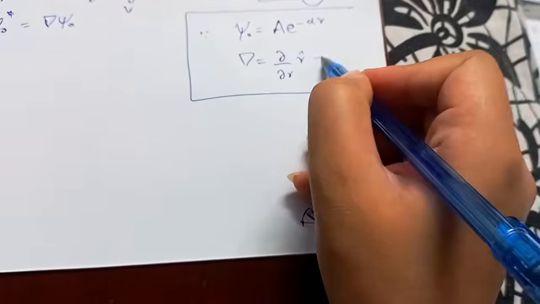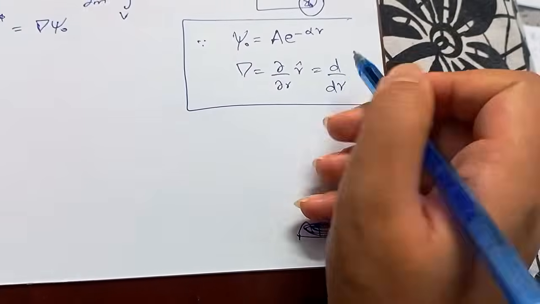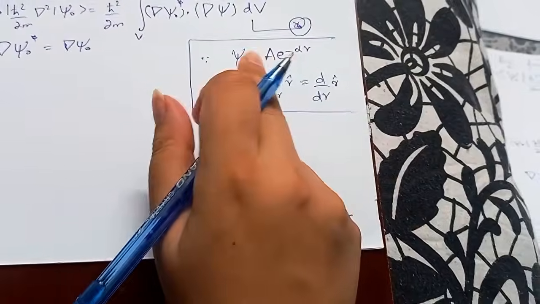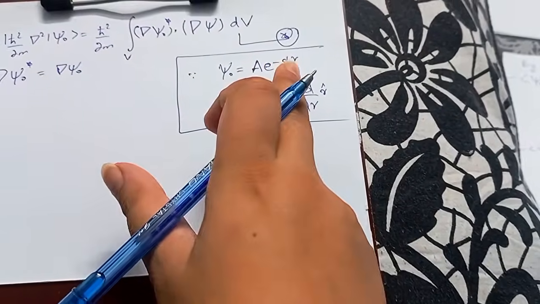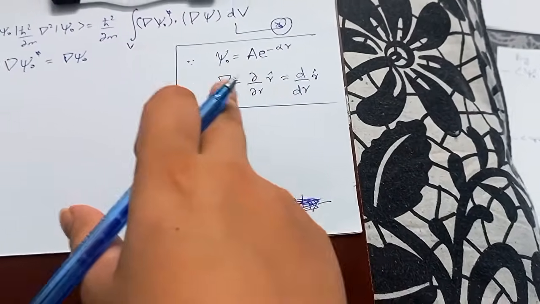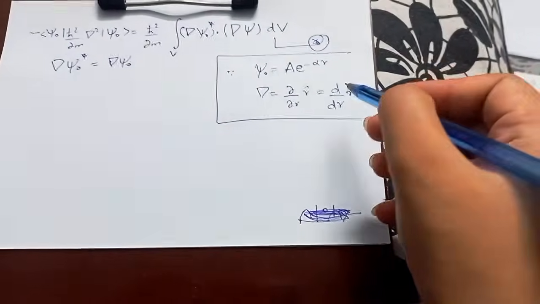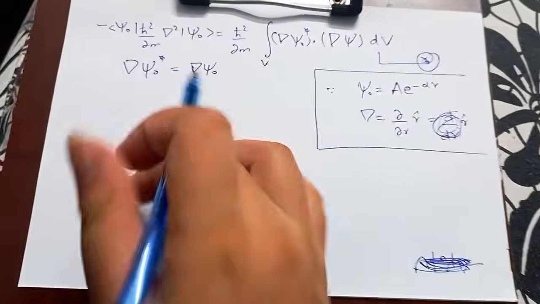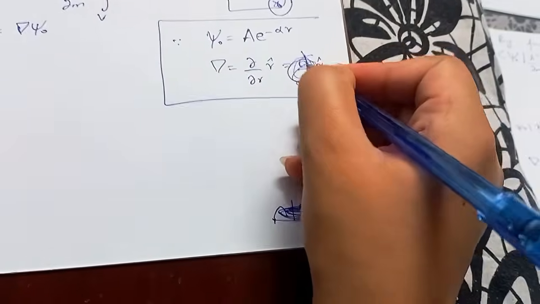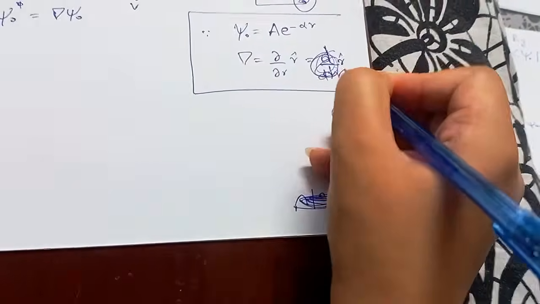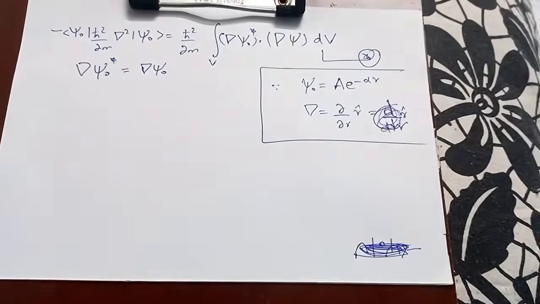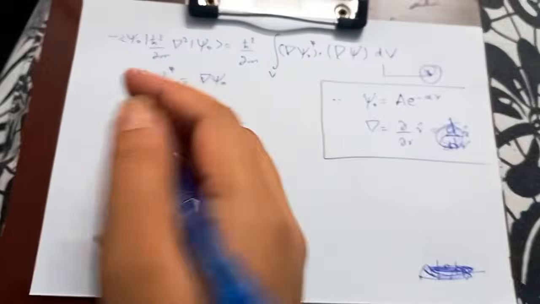We can also write it as d by dr, r unit vector. Since psi is only dependent on r, we can write the complete derivative or the partial derivative. They both are correct. Using the complete derivative makes more sense because it's r dependent only.